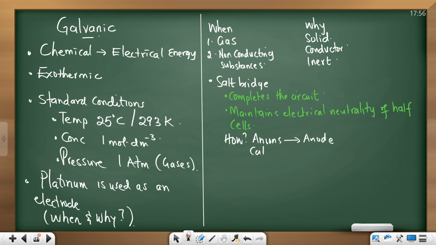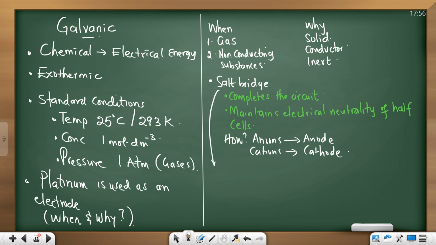And the cations in the half cell or in the salt bridge will move to the cathode. So sometimes for us to identify the anode and cathode, they will draw those ions moving. Anions will move to the anode and cations will move to the cathode.